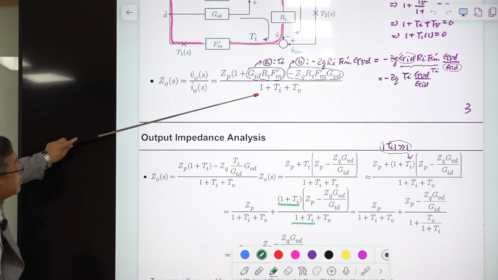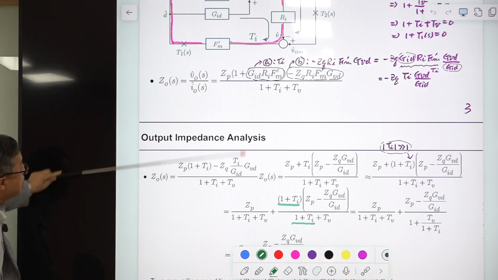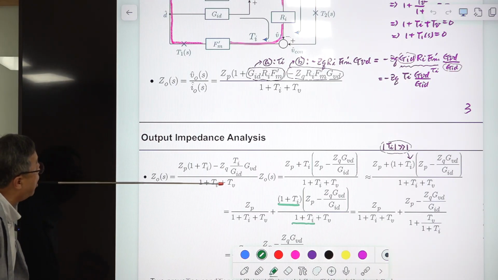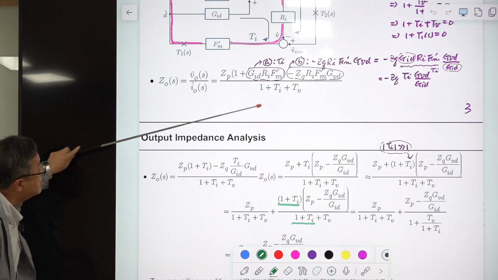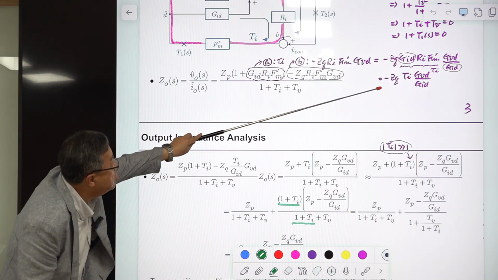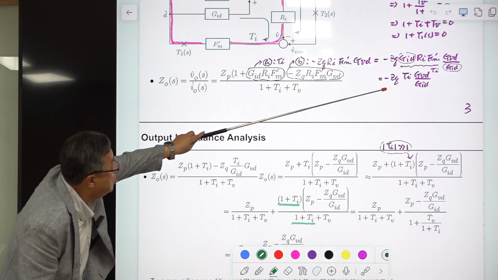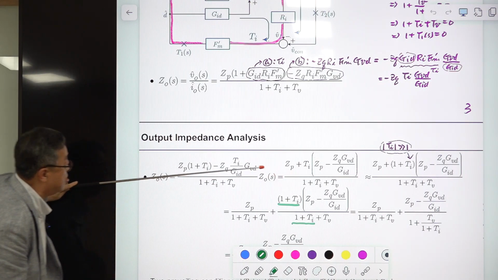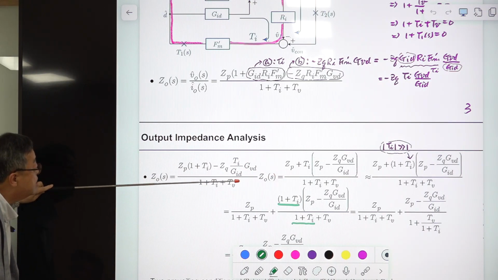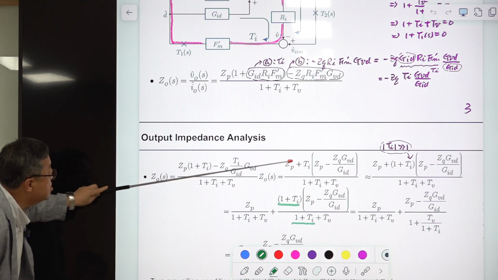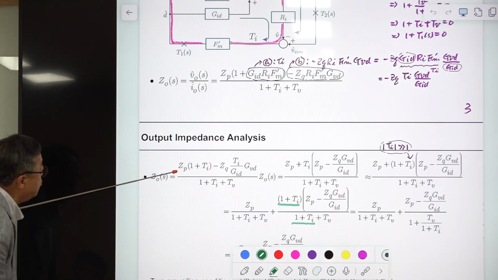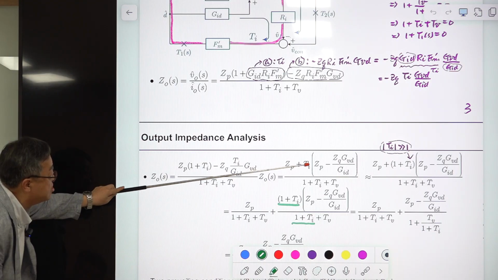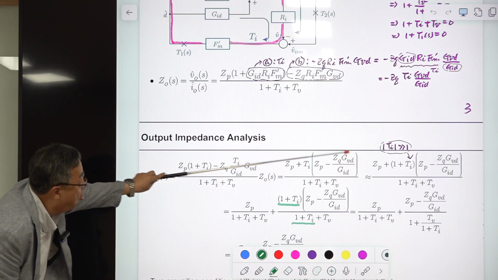Okay, right? So the denominator remains the same, and this is 1 plus Ti, and this is this one minus GQ Ti times GBD divided by GID coming here. Okay, and this is the same thing. So GP is coming in front, and GI is coming here, and it has this term.